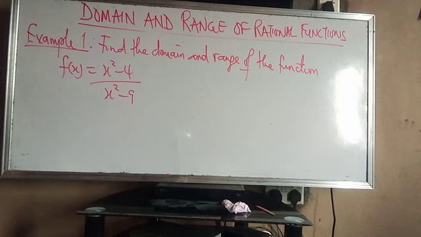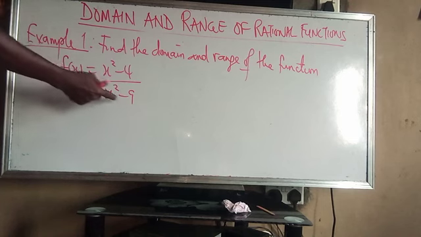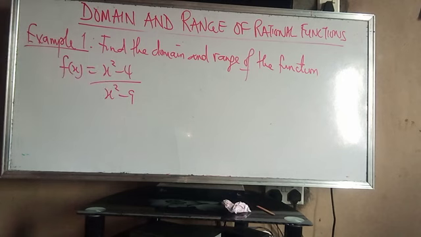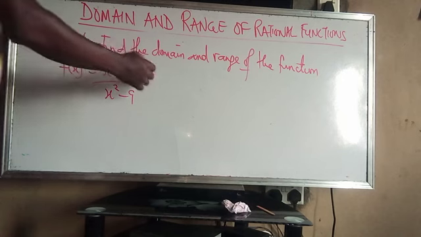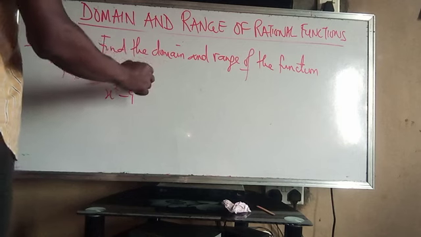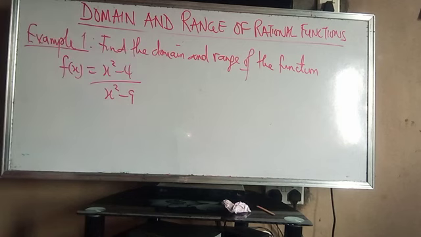Looking at this function, the very first thing that should come to mind is the denominator. If the denominator is equal to 0, then the whole function will be undefined. It means that we have x squared minus 4 all over 0, which is infinity, and that should not be.